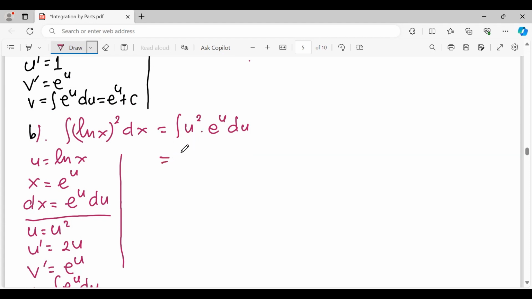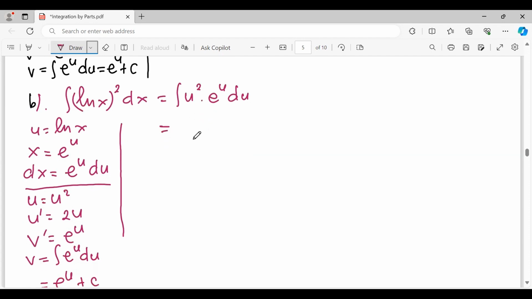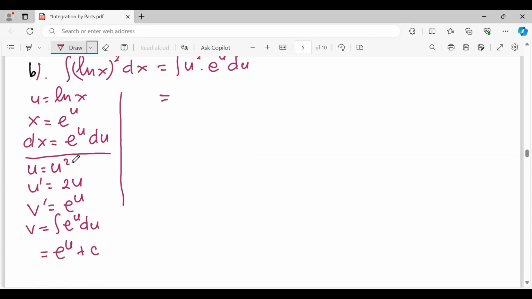So it becomes u times phi, u squared times e power u, then minus integral phi, this one, e power u times derivative u, 2u du.